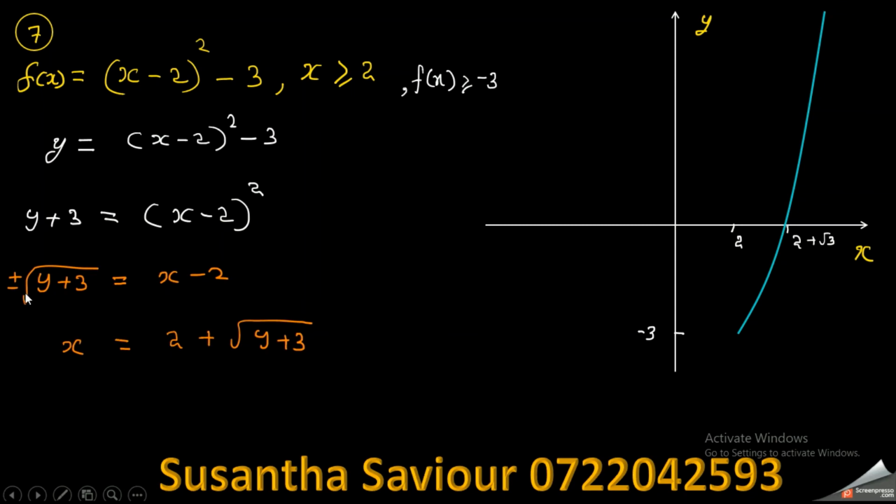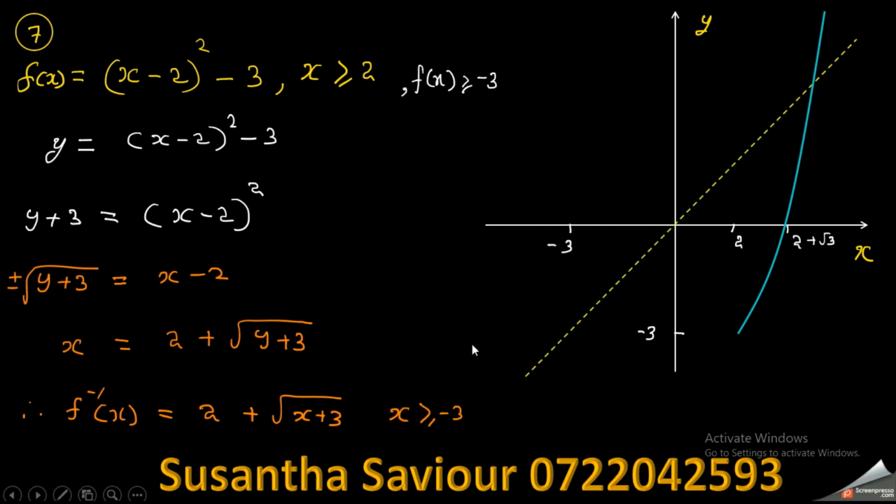If you take minus here, it will be less than 2, something will be deducted from it. So therefore we take plus here. This is the f inverse function. x is here greater than minus 3, this one, right? So we will try to sketch this.